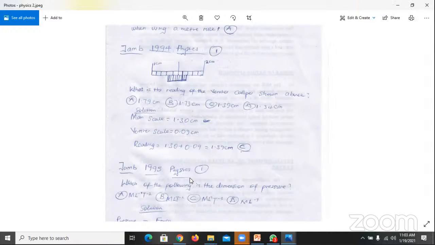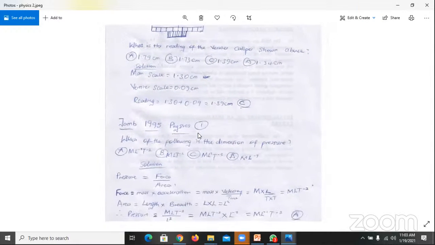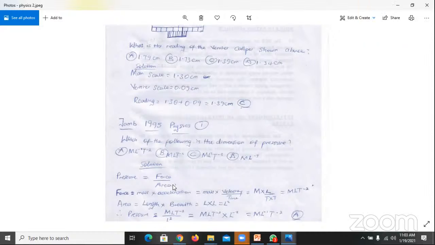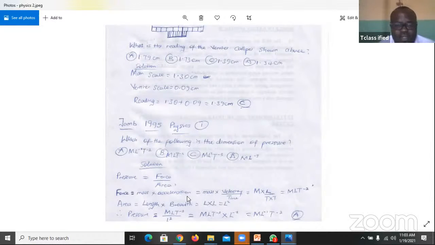Yes, sir. Okay, so here we have: which of the following is the dimension of pressure? So pressure is equal to force over area, isn't it? Yes. Okay. So force is mass times acceleration, MA, just like we did in the other one, isn't it?